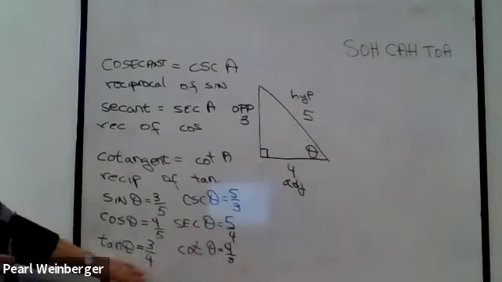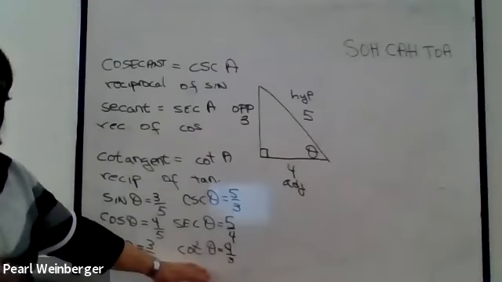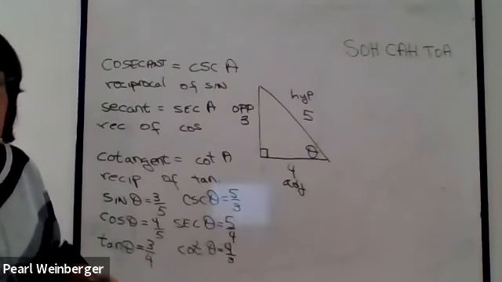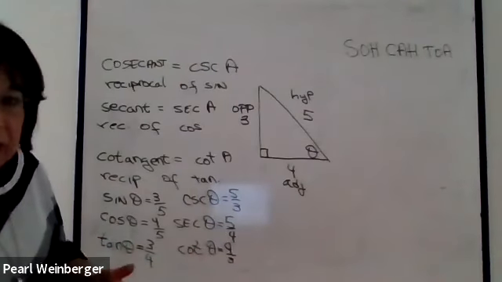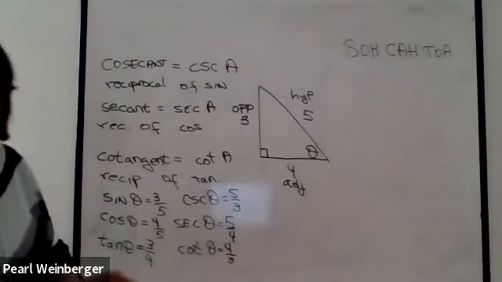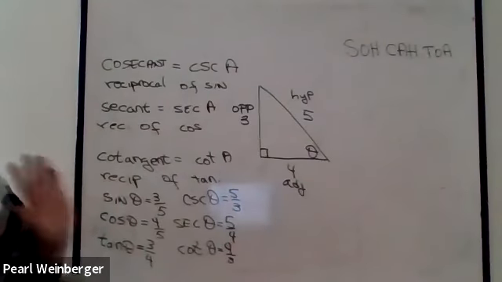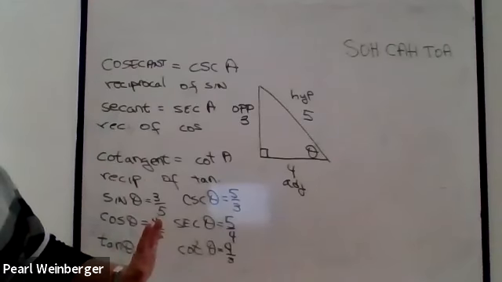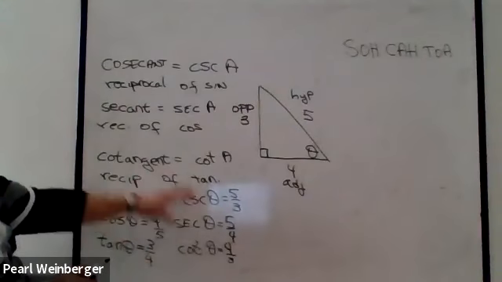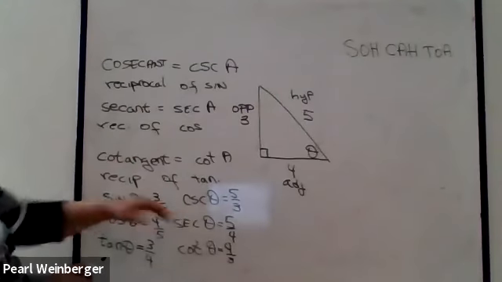I'm going to start at the bottom with the cotangent. Why? Because that's easy. It makes sense that the cotangent should pair up with the tangent, so that the cotangent is the reciprocal of the tangent. I don't think anybody has trouble with that. The problem is remembering the sine goes with the cosecant, the cosine with the secant.